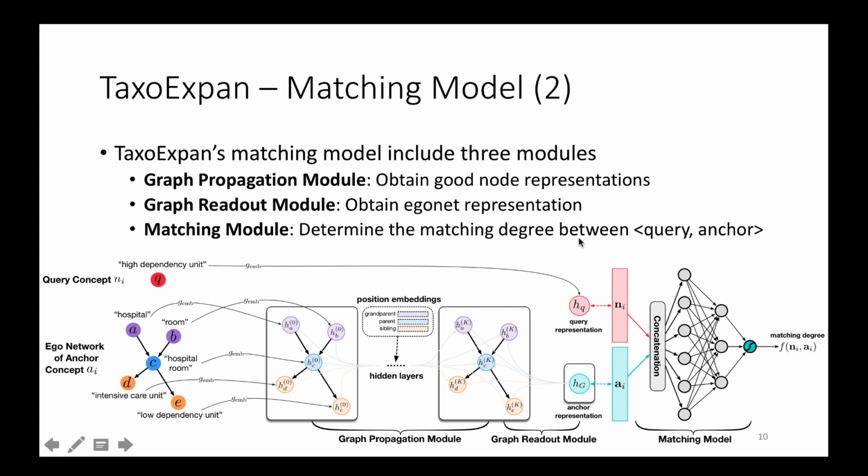Finally, given the anchor representation and the query concept representation, a matching module will be used to predict the final matching degree between the query concept and the anchor concept. Okay, then let me discuss each module in depth.